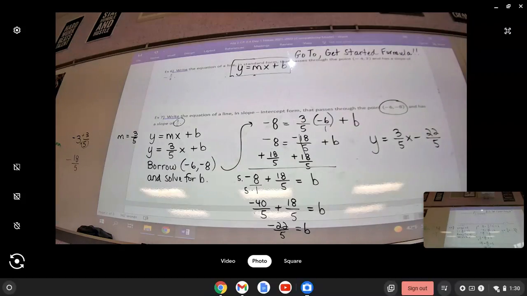What is 4 times 5? 20. 20 plus 2. 22. We got -22/5. You don't worry about the negative, it just means your answer is negative. So you do 4 times 5, which is 20, plus 2 is 22, over 5, and you just make it negative. Don't do -20 plus 4. No. Just do this. Don't worry about it. Just make your answer known. Okay? You got it.